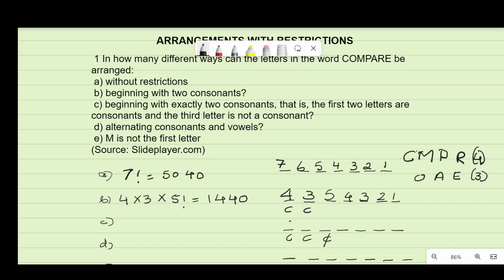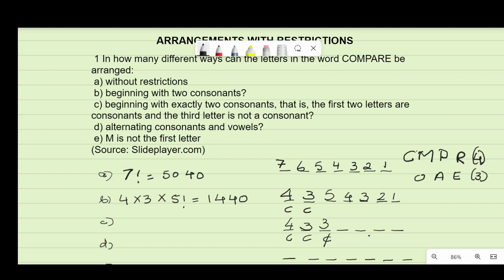Okay, we already know if it should be a consonant, we have 4 choices there. So here we have only 3 choices. Here it should not be a consonant. So how many choices do we have? If it should not be a consonant, that means it should be a vowel now. So any one of the 3 vowels can come here.